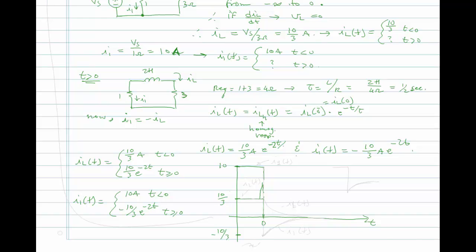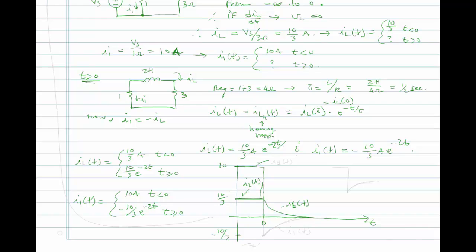Inductor current's right here, starts out at 10/3. So this here is IL. Okay, and then at time 0, it's going to start dropping and exponentially decay down to 0. Okay, this is IL of t.